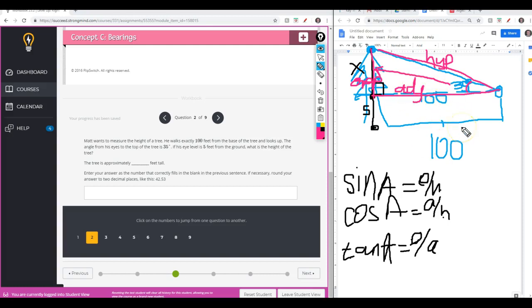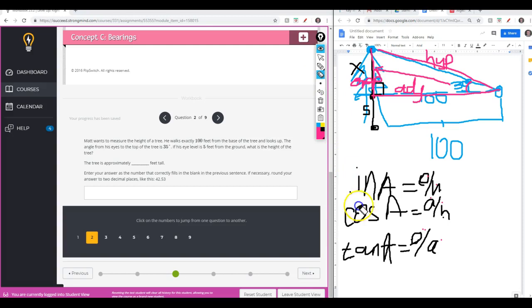So the question is which side length do I have? Well, we have the opposite side length. That's the one we want to find. And we have the adjacent side length, which is 100 feet. So which of these has the ratio of opposite and adjacent? That is tangent, because it's the opposite side length divided by the adjacent side length. So we will be using the tangent one.